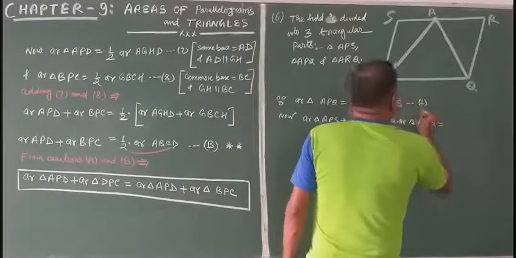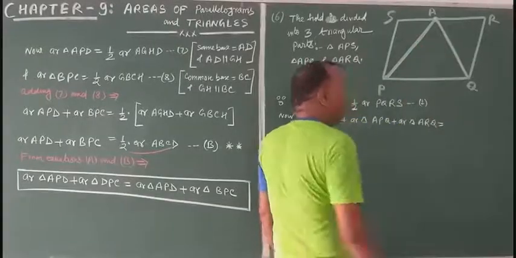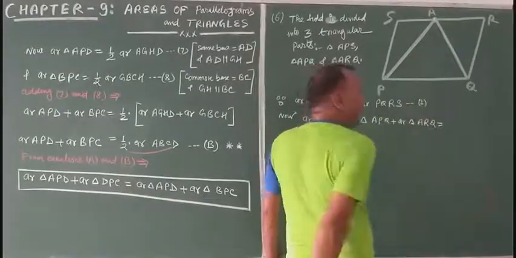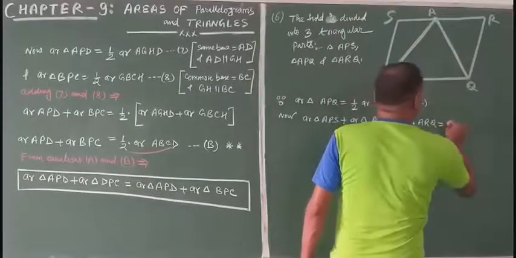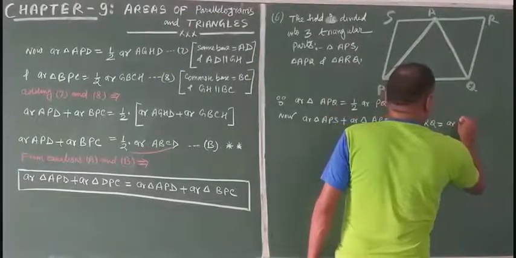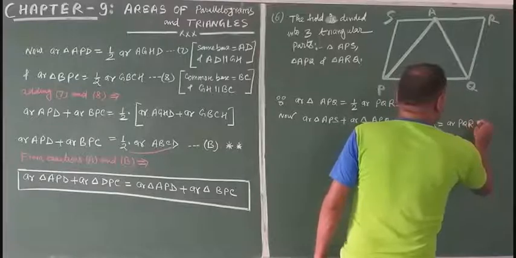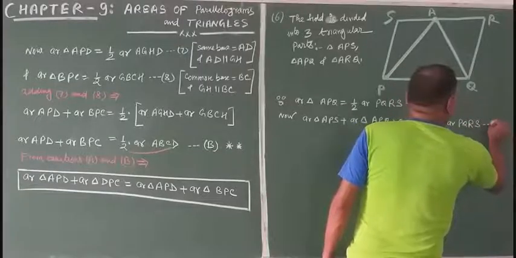This part plus this part plus this part, the area of these three parts will be equal to the whole parallelogram, the area of parallelogram PQRS.